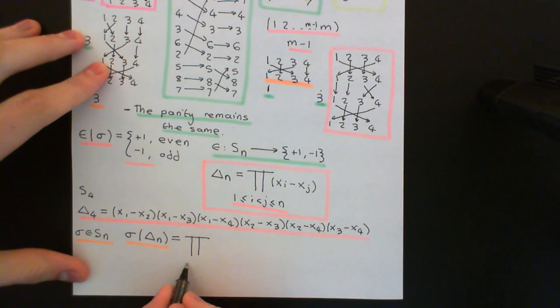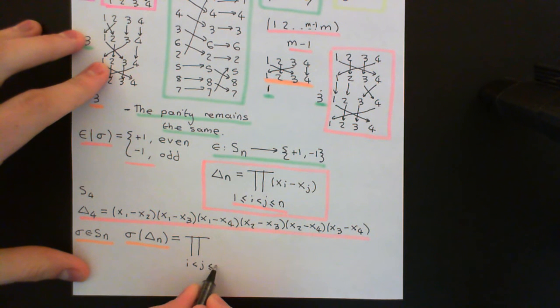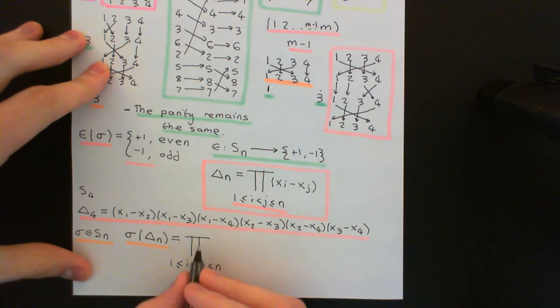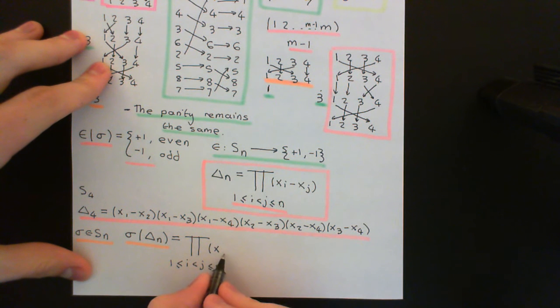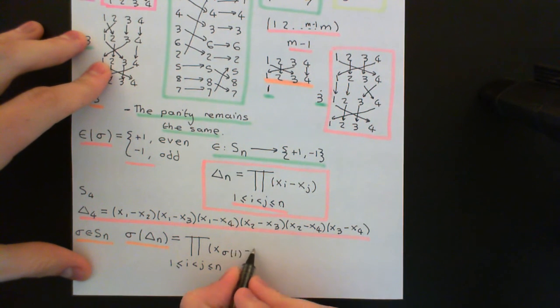It's still going to be the product over i and j, where again j is less than or equal to n, and i is greater than or equal to 1, and i is strictly less than j. But now what we're going to do is have sigma acting on each of the indexes here. So we'll have x sigma of i minus x sigma of j here.